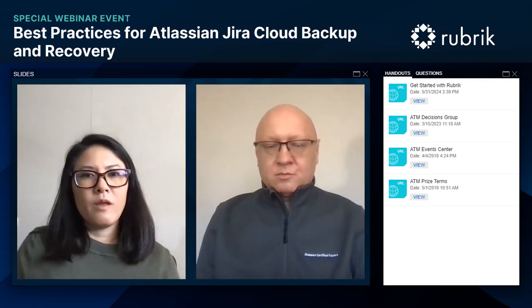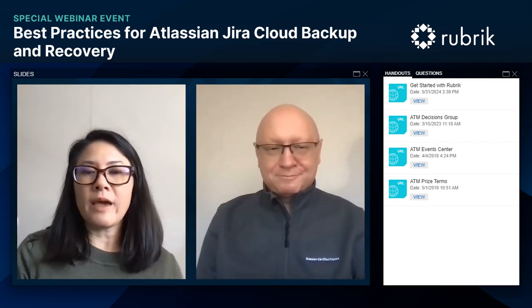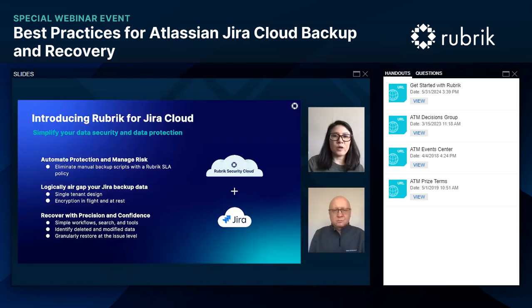Yeah. So that brings us to a solution, right? That's what we have here at Rubrik. We're excited to announce that we just launched a brand new product called Jira Data Protection. Essentially, we've designed a solution that makes it simple and easy for customers to protect their Jira Cloud data. One of the things we have is automated protection, which can also help manage your risks.